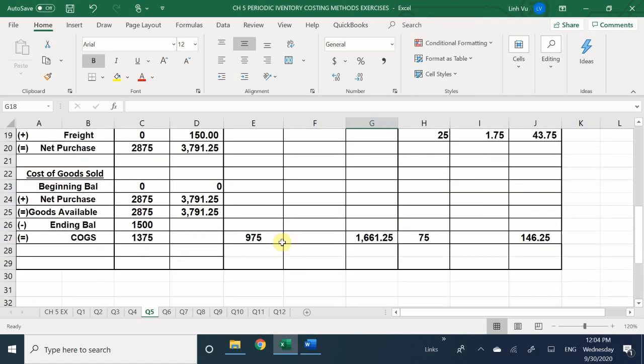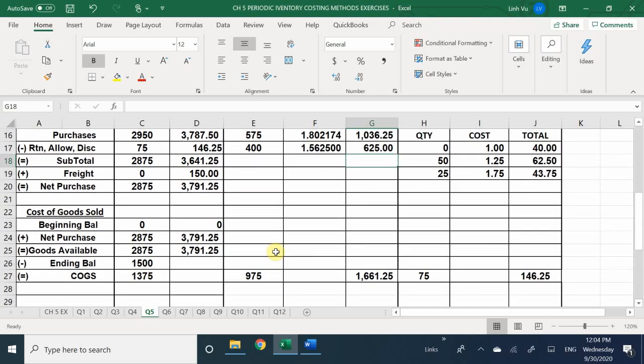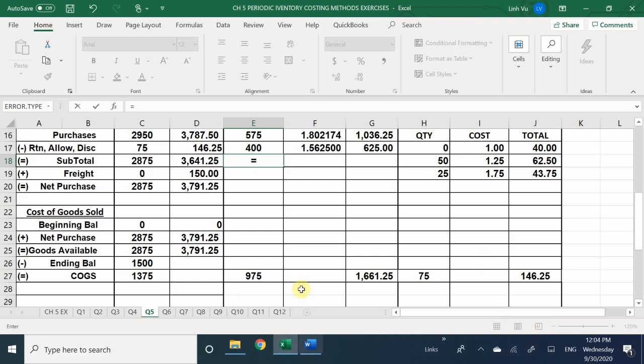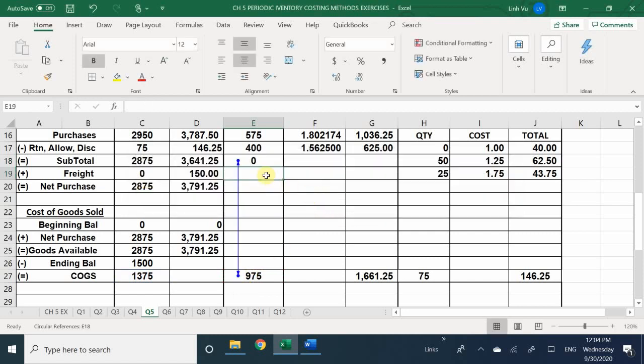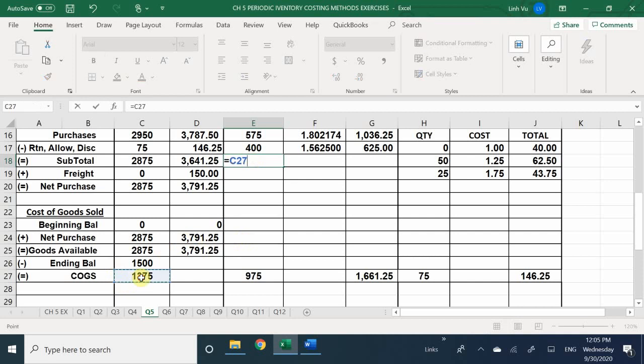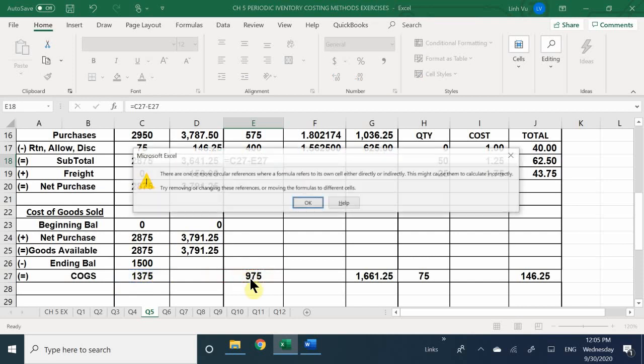All right, so now we are at 975 and we need to sell 1375. So with that, I'm just going to go ahead and guesstimate. Well, how much am I actually going to need? In this case, I'm going to take my 1375 and I'm going to subtract my 975.